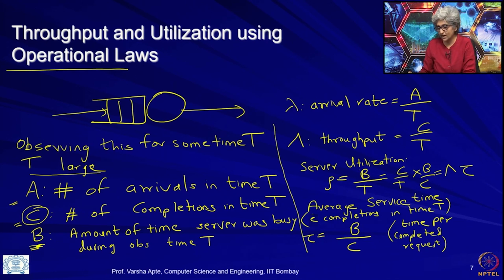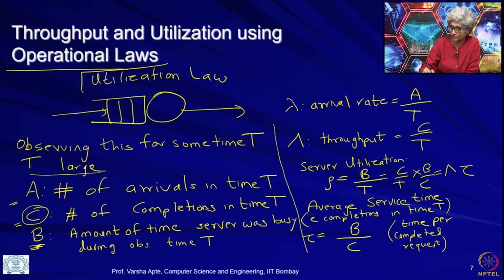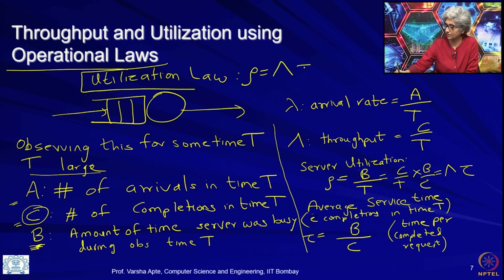So, this is actually what is called the utilization law. We just derived the utilization law. Okay. And that is for single servers, that is given by rho is equal to capital lambda tau. This is one of the main operational laws.